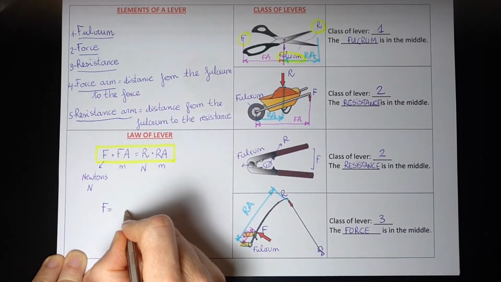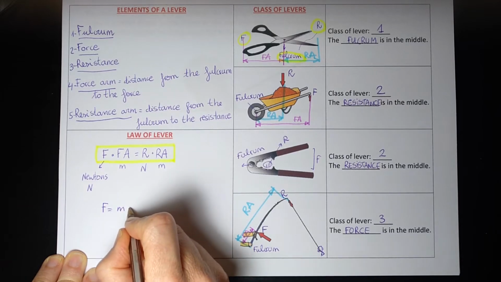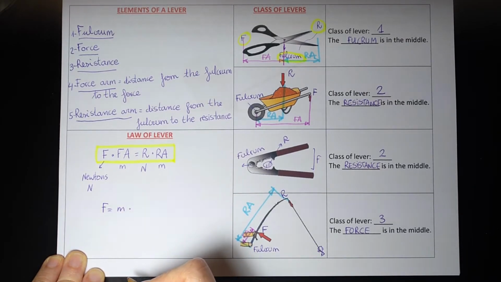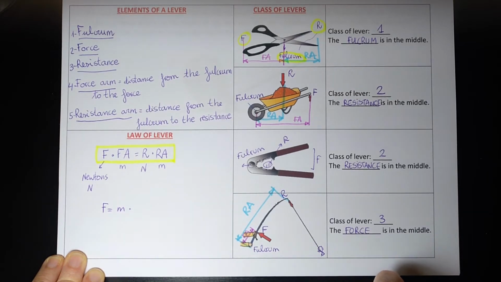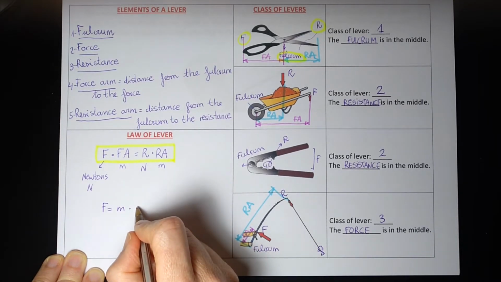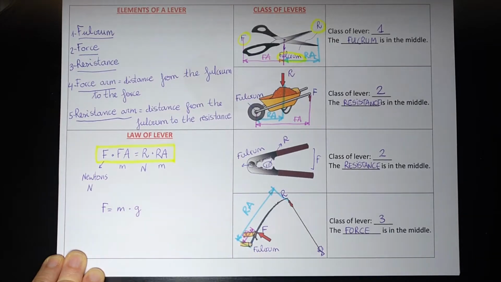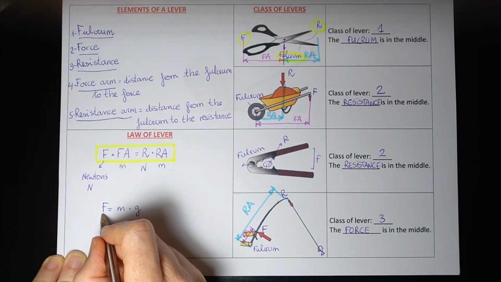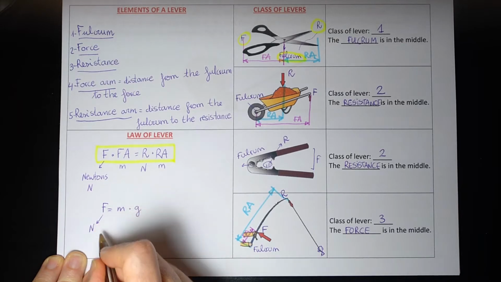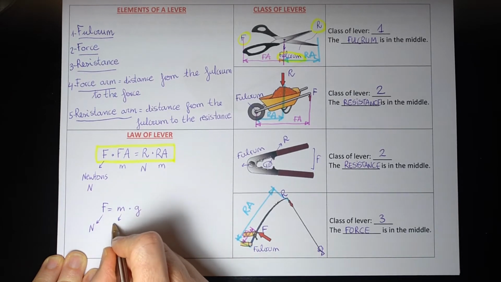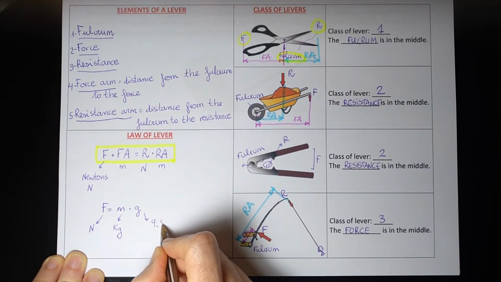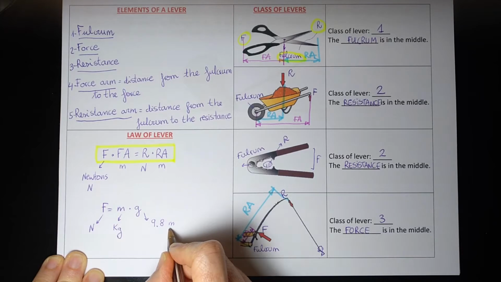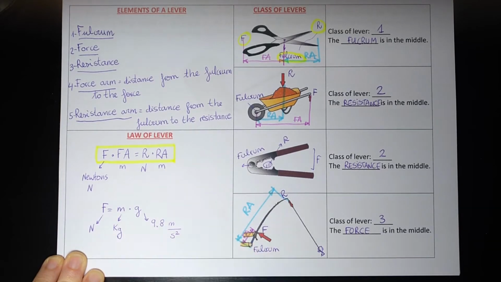Force equals mass times acceleration. But while speaking about weights, about peso, we are going to use the acceleration of gravity. So the force needs to be expressed in newtons, the mass in kilos, and the gravity is going to be 9.8 meters per square second.